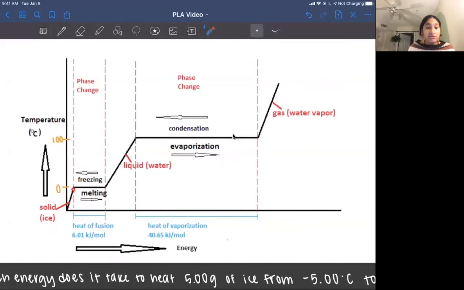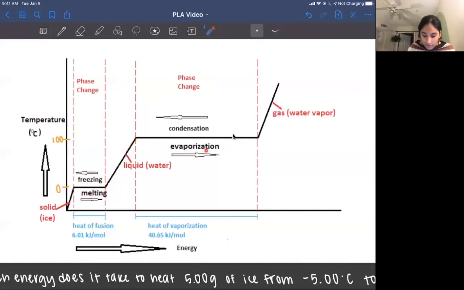But once we hit 0 degrees, which is where the melting process occurs, that energy continues to be applied, but all of that energy goes into the heat of fusion or the melting process rather than an increase in temperature. And then once the heat of fusion or melting is finished, any further energy that's added in this phase goes to increasing the temperature, increasing the kinetic energy of these liquid water molecules.